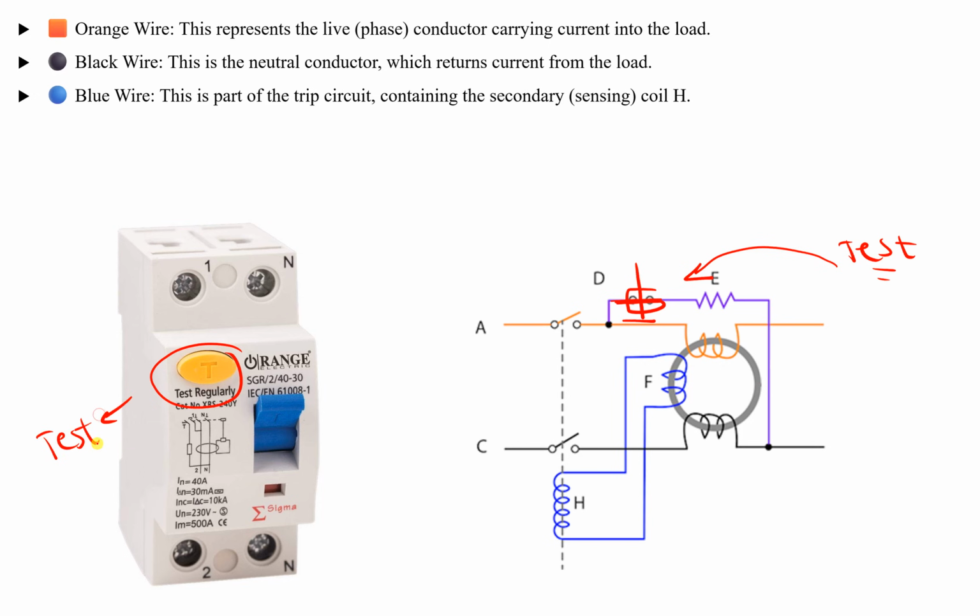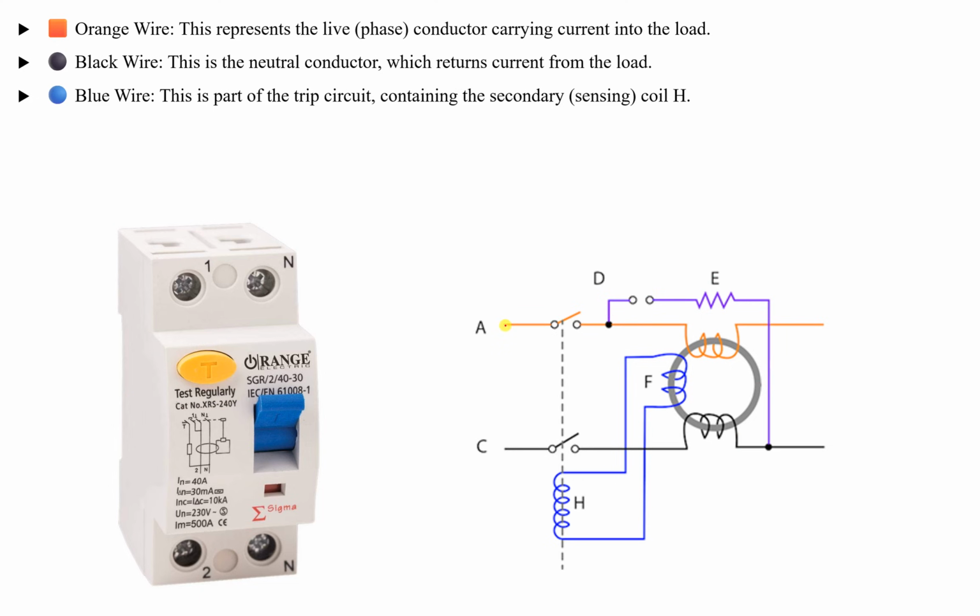Now what does it do? When you close this circuit by pressing this button, there will be a short circuit. The current will go like this, flow in this direction, and then return back like this. So what happened in this case? Let me just delete all of this.